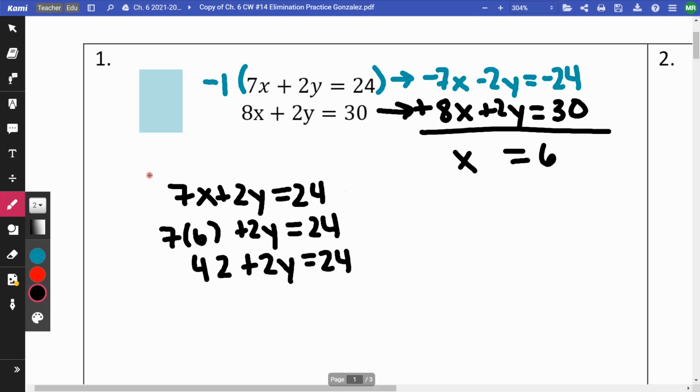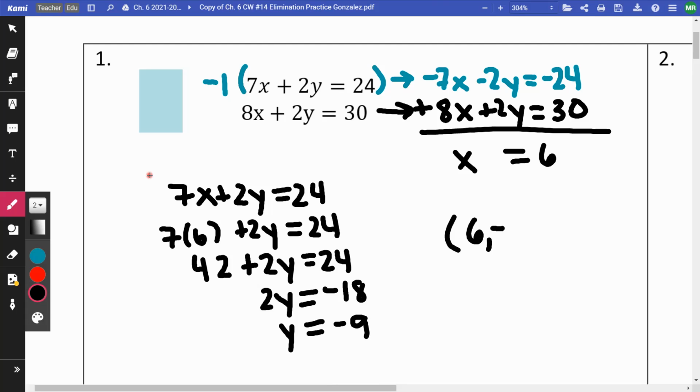I am going to subtract 42 from both sides, and I get -18. Then I'm going to divide both sides by 2 and I get -9. So my point of intersection, my solution, is going to be (6, -9). And that's going to be my answer.